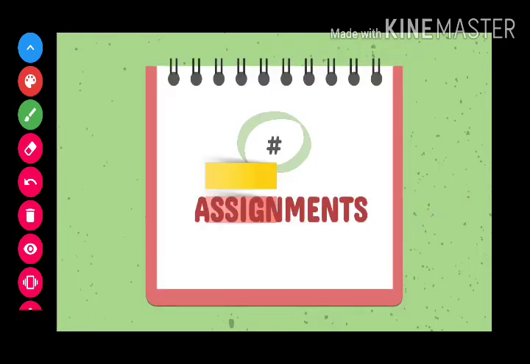So now I'll be showing you the assignments for today's class. You have to pause or take a screenshot of this page. I'll be giving you 20 seconds on each page so that you can copy the assignments.